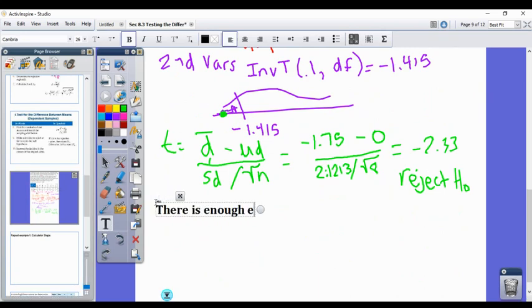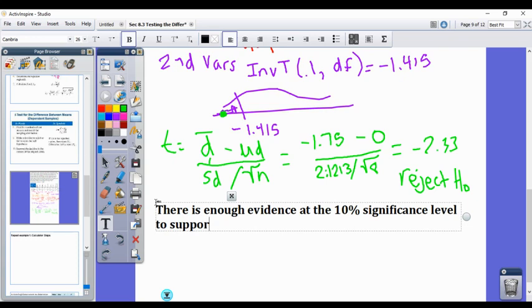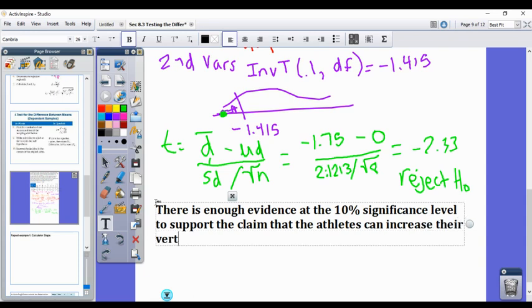There is enough evidence at a 10% significance level to support the claim that athletes can increase vertical jump using key training shapes. That was probably a little wordy.